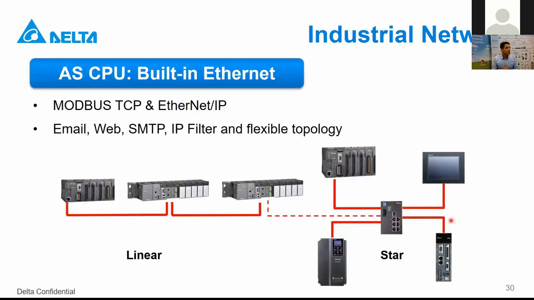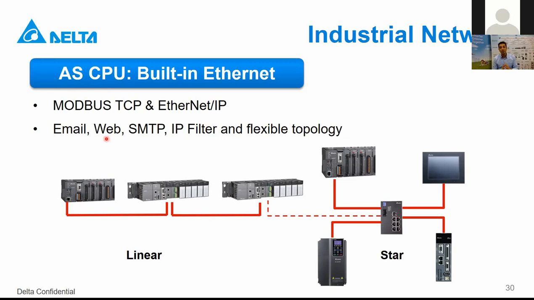Okay, let's have a look. Built-in Ethernet port on the AS CPU. We said that it supports Modbus TCP and Ethernet IP. But in addition, the AS CPU supports email, so we can send an email from the CPU. It supports a web server, so it is possible to monitor some data from the browser directly.